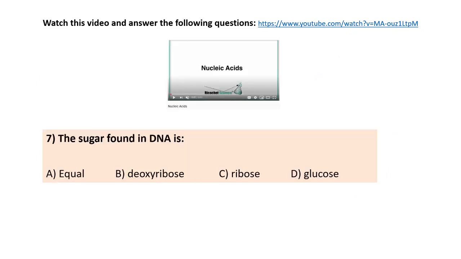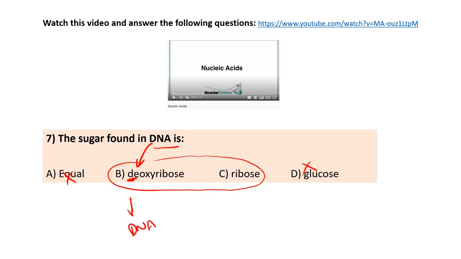Now this question: the sugar found in the DNA. I'm sure that you know that this D comes from deoxyribose, so glucose is wrong. These two are the potential answers, but this one is for DNA and this one is for RNA. Sometimes I ask a question and I show you the structure.